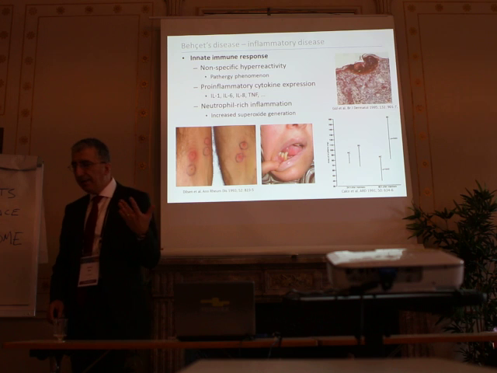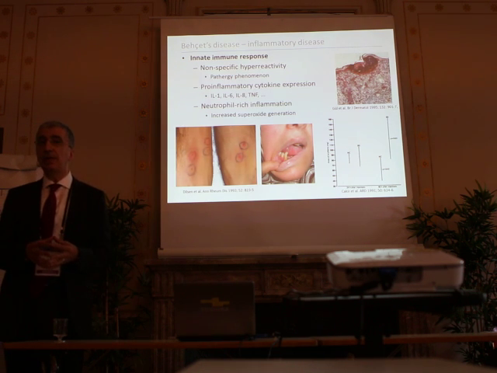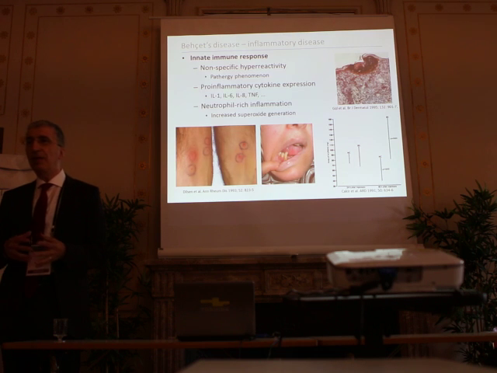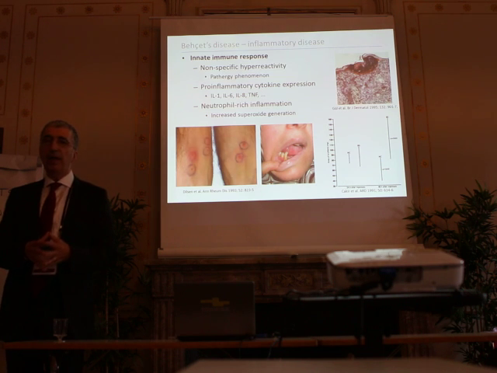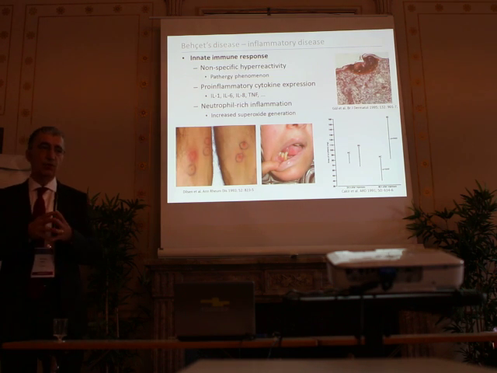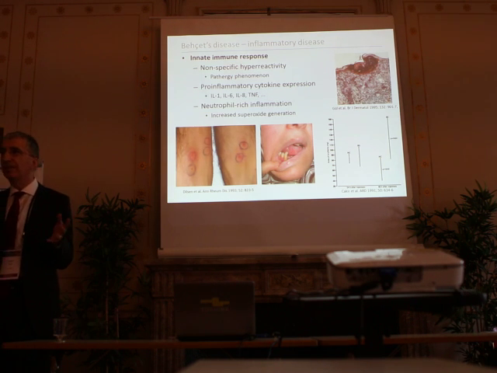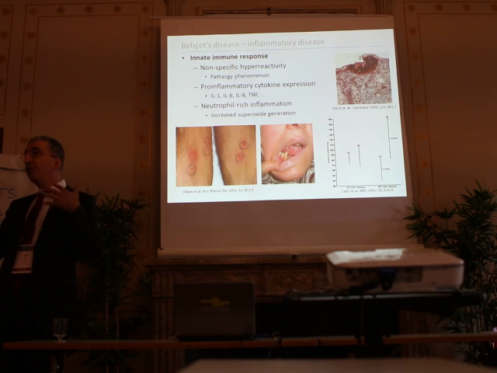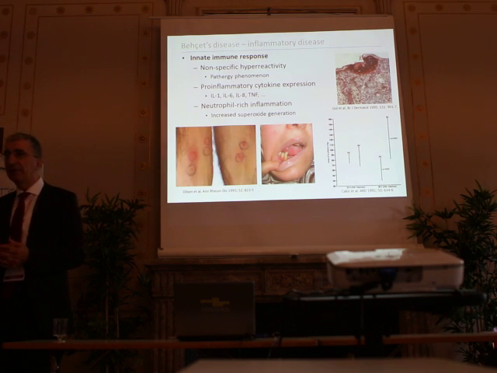And the other important feature of the disease is that it's inflammatory. It is hyperinflammatory. So an increased inflammatory response to different stimuli is a very important feature of the disease. And in inflammation, we have two different systems. The first one is innate inflammation, which is our first defense against microbial or environmental triggers.